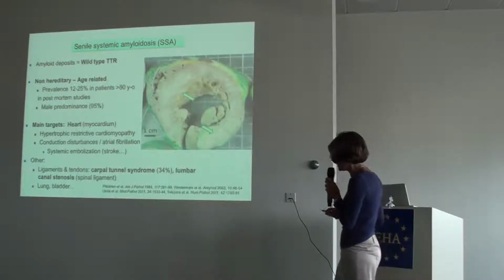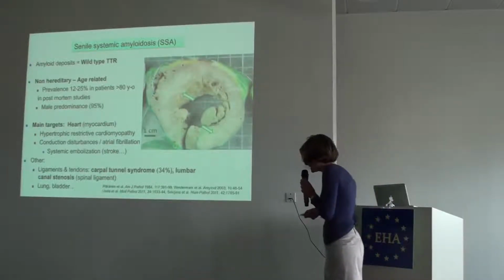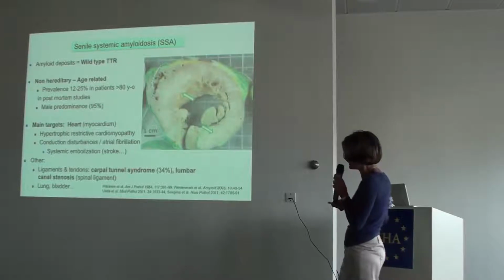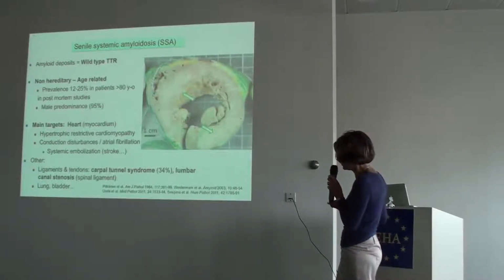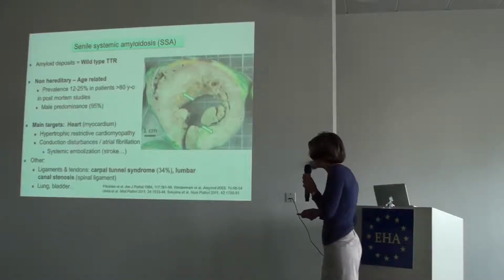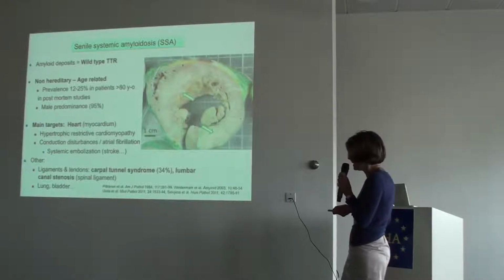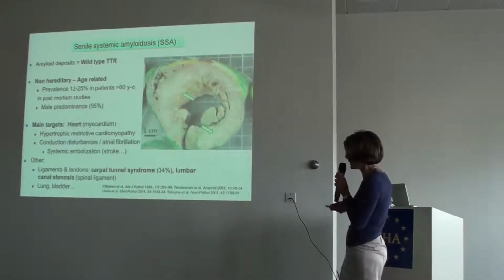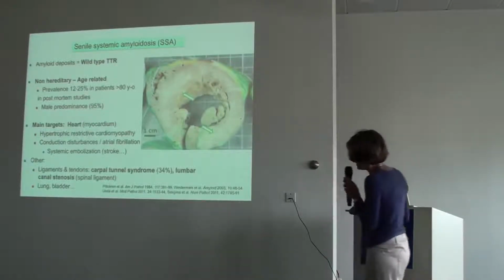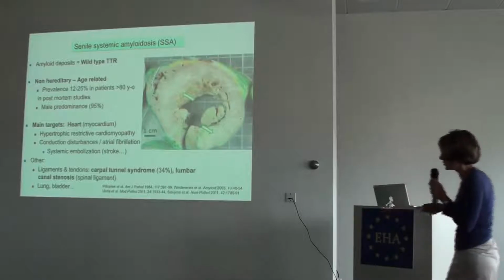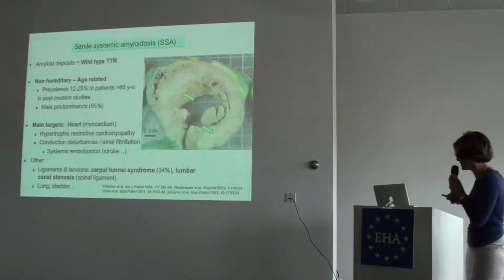And recently, the Japanese demonstrated that in 1/3 of carpal tunnel syndrome cases having had surgery, they could demonstrate that there is senile systemic amyloidosis, and it was a general cohort, so probably this disease is much more frequent than is usually seen. The accumulation can involve other tissues like lung, bladder.